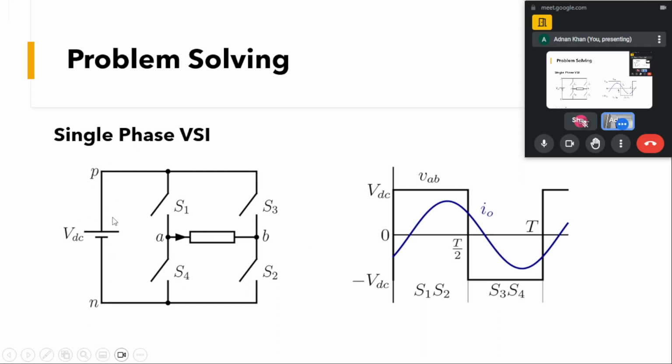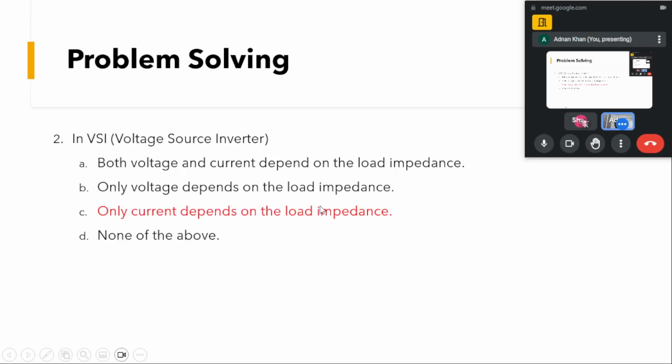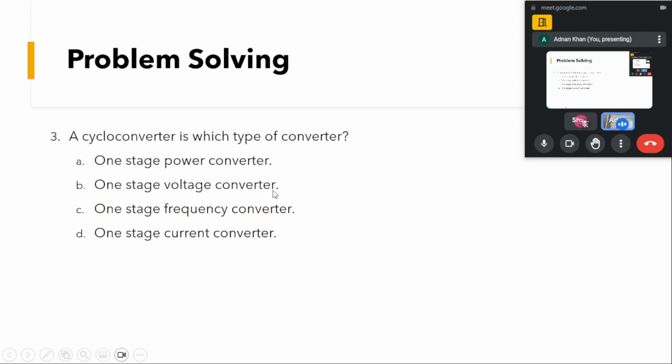After this DC we'll be having an inverter stage, and before this DC stage we'll be having a rectifier stage. We will first convert that single phase or three phase AC to DC, then convert it to single phase or three phase AC by a single phase or three phase inverter. In that, you can see, two stages are involved.